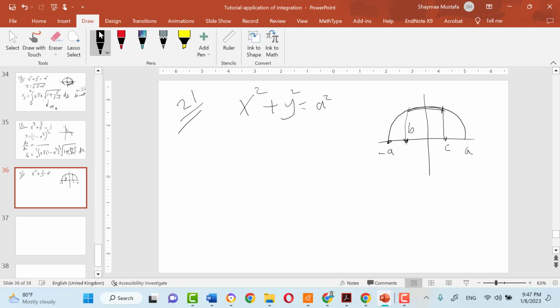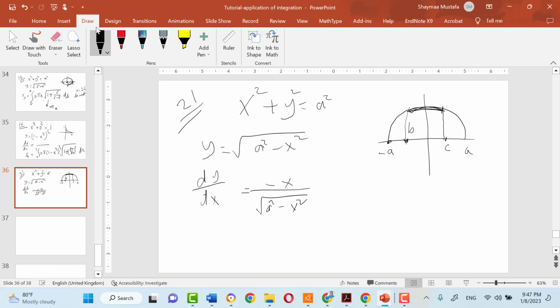This portion will be the only part rotated. So what you need to know is the rotation around the x-axis. So y here is the square root of a squared minus x squared. So dy over dx is minus x over the square root of a squared minus x squared.